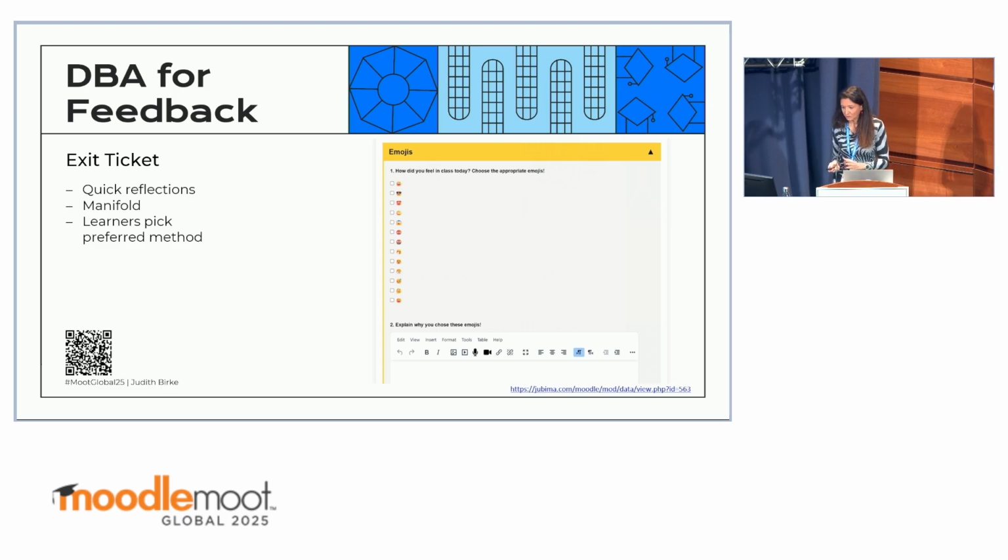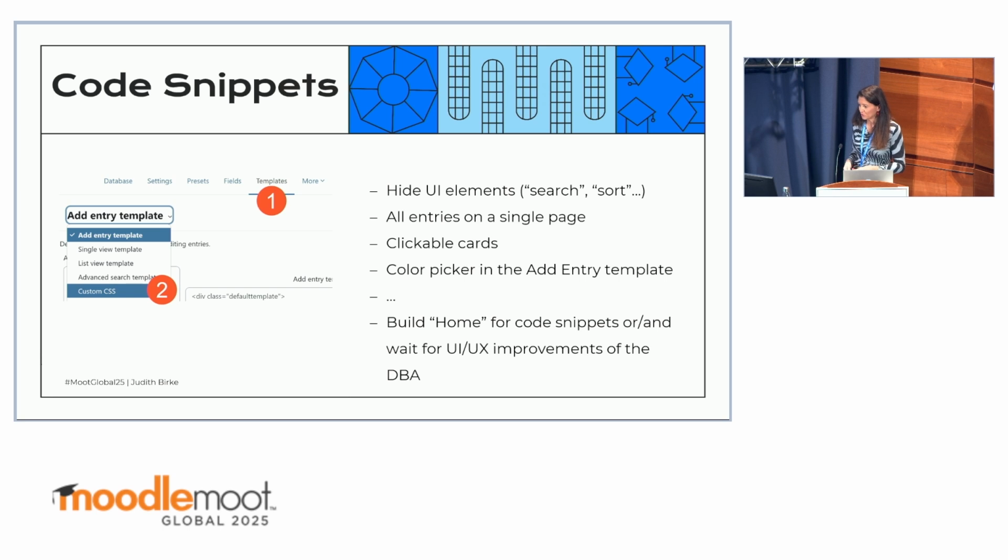Now, how did I do all that? If you wanted not to use the presets, then you would need some code snippets, which you add in the templates of the database activity to be able to hide different UI elements, to hide the footer or the top, the search, or to have a color picker there and do all these things.